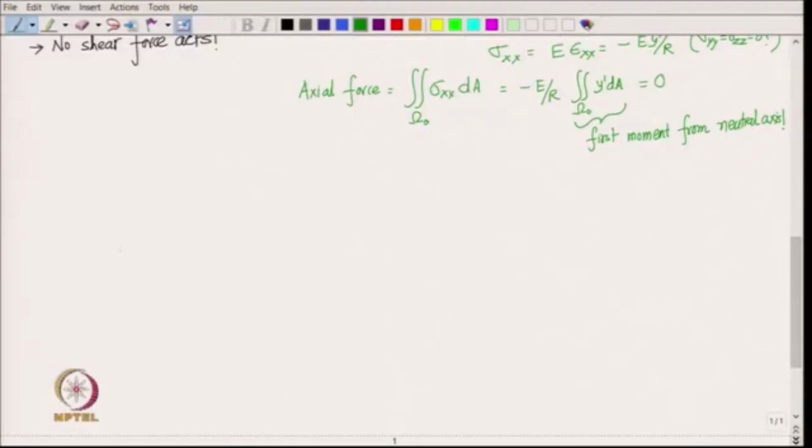So, now let us redraw our picture. We again have the cross section, that is the unsymmetrical cross section, and suppose this is the centroid. We have now found out that the neutral axis has to pass through the centroid, and then it has got y and z axis. This is y axis, and we also have z axis.